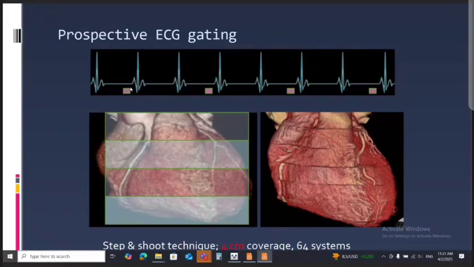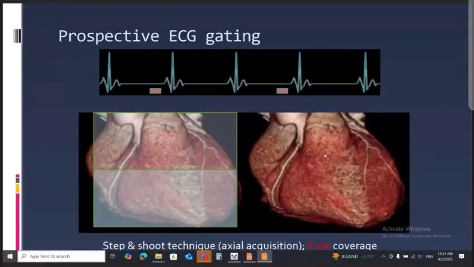It is mandatory to have a very regular heart rate, otherwise the stepladder artifacts will appear between the slabs acquired.